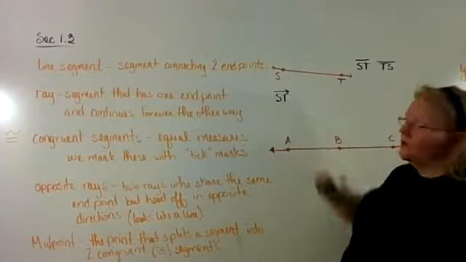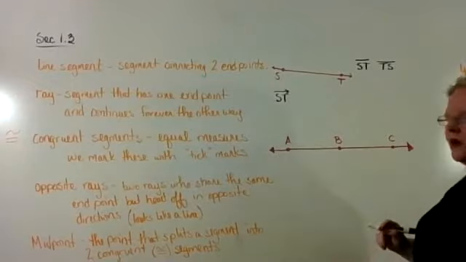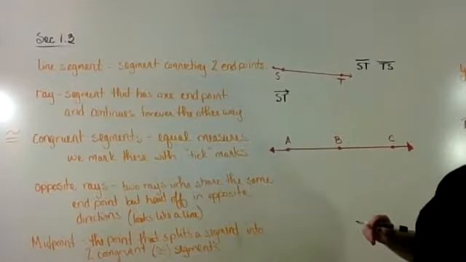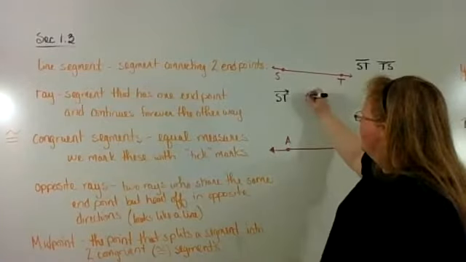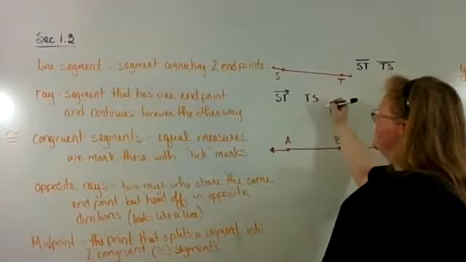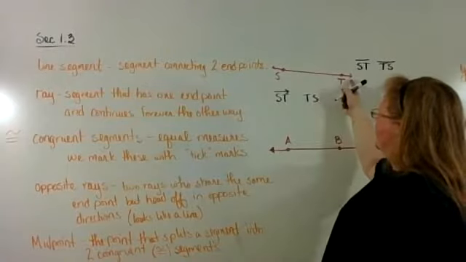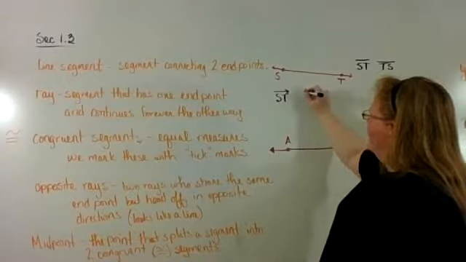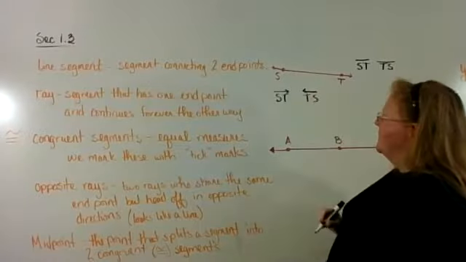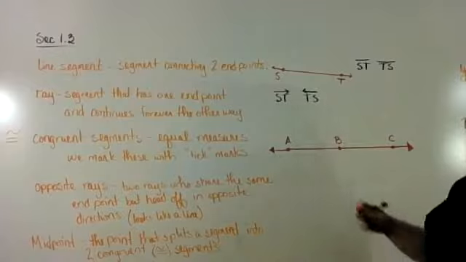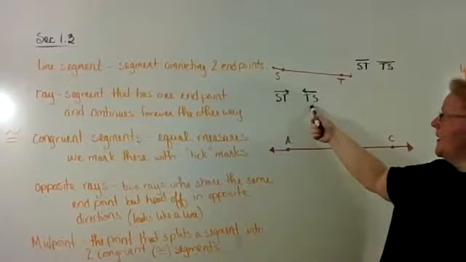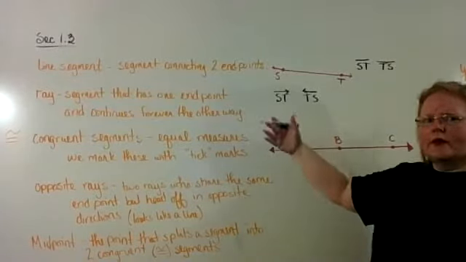That's why we put the little arrow over it, because it keeps on going. Now there is another way of writing this, the exact same ray, only I want to put the T first. Now when I do that, remember the arrow keeps on going past the T. That means that my arrow has to be on that side because the arrow has to be wherever the T is. So it's talking about the exact same ray, but usually people write it that way because we usually read from left to right.